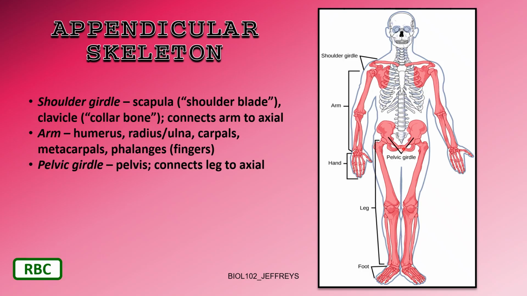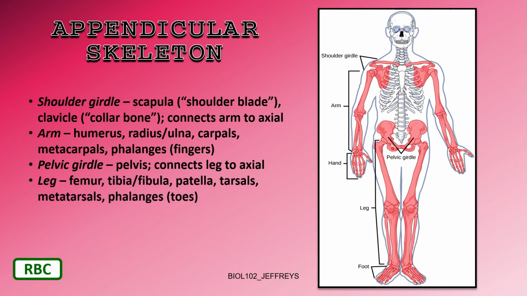It's just fibrocartilage, but it's a little cartilage joint there between the two pelvic bones or pelvises together that make up the pelvic girdle. Okay, and again, they connect the legs to the axial skeleton. And so, like your arm, the leg consists of an upper long bone.